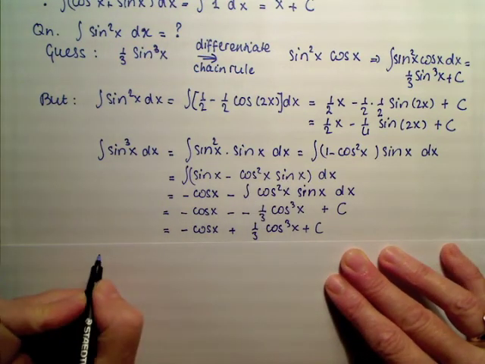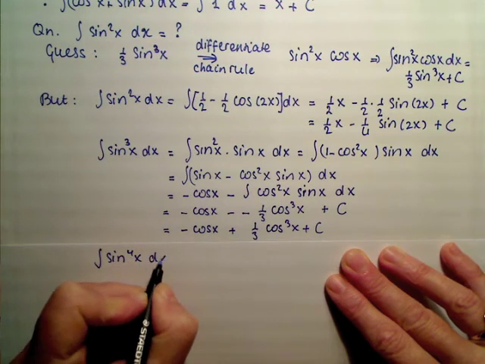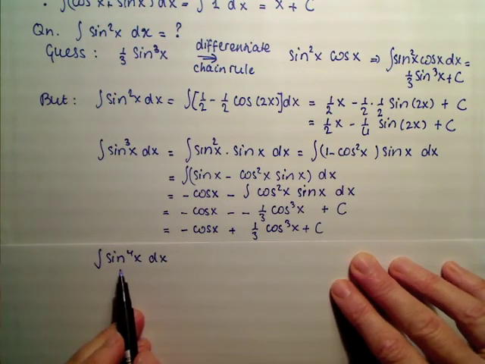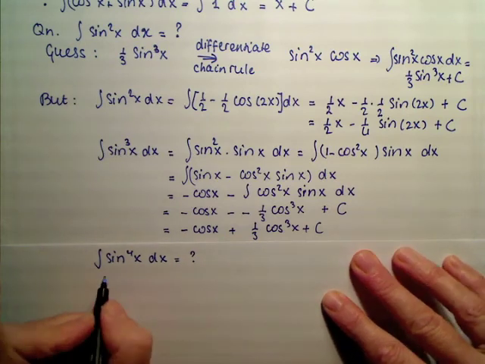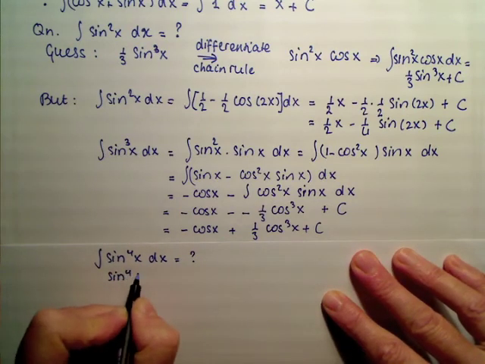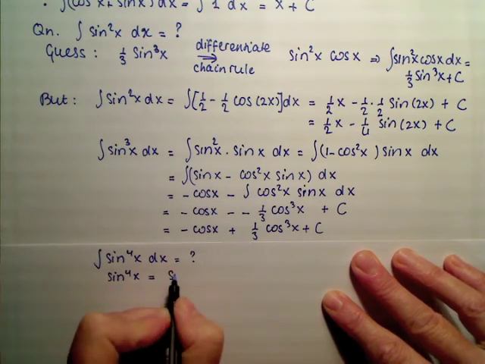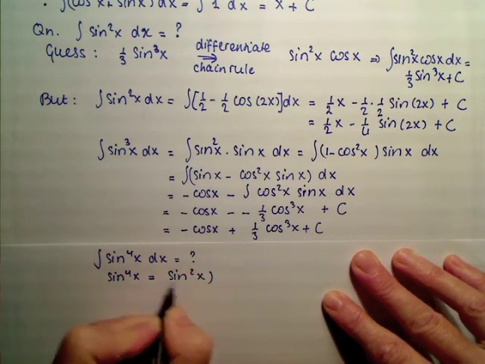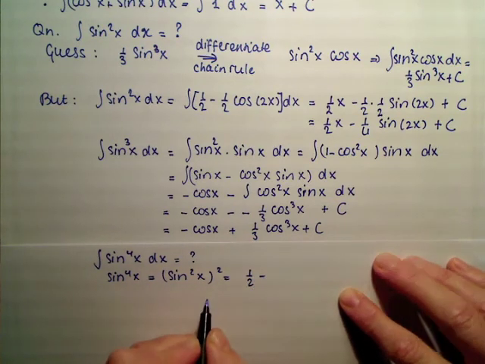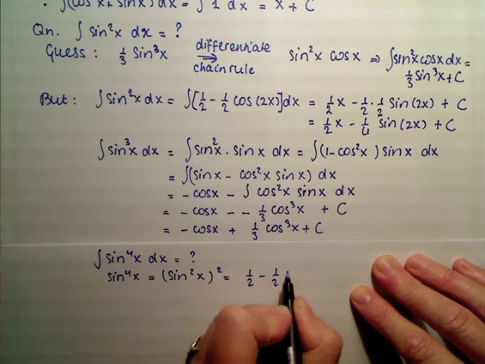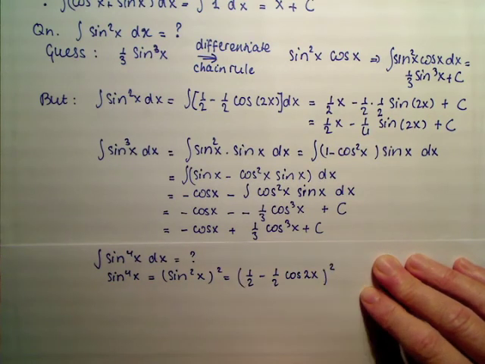So as a final example, I want to say something about computing the 4th power of sine of x. And what you do is, again, using this nice alternative expression for sine of x squared, and substituting this, so we get 1/2 minus cosine of 2x divided by 2, all squared.